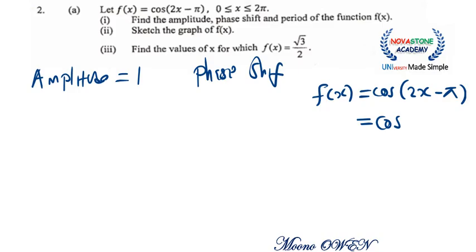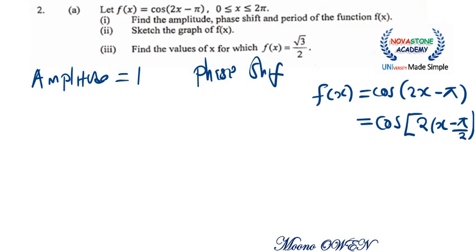In this case I'm going to just remove the 2 outside, okay, so that we just remain with x to see how x is behaving without the 2, because 2x is a double angle, right? So basically that. I'm going to have x outside, so this will equate to, what am I going to have here when I remove the 2? I'm going to have pi over 2.